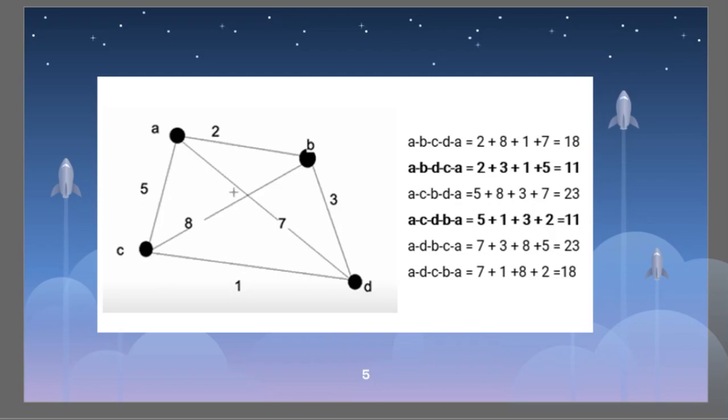Okay, so this is an example of the traveling salesman problem. So for example, si traveling salesman ay mag-start siya from A. So i-include mo lahat ng mga possible scenarios or lahat ng mga possible distances. You have to plot first and then add all the distances in between the locations, and then you will find which path is the shortest path or which distance is the smallest among the distances.